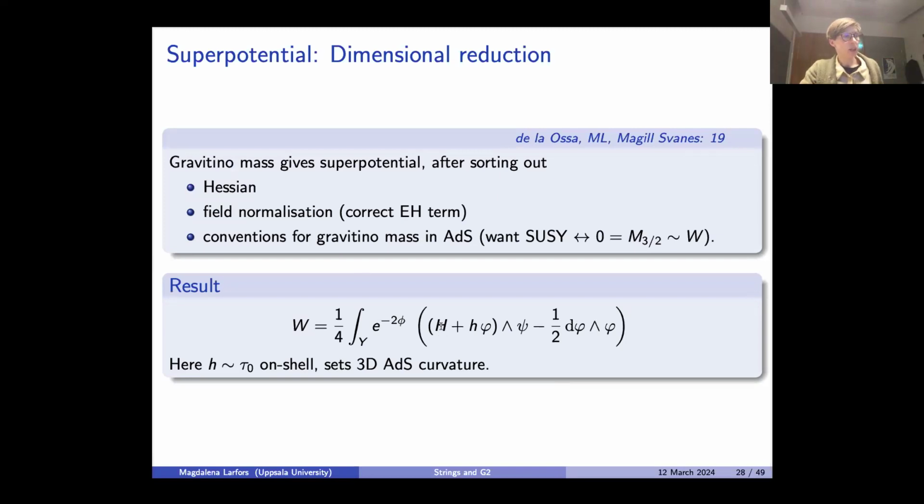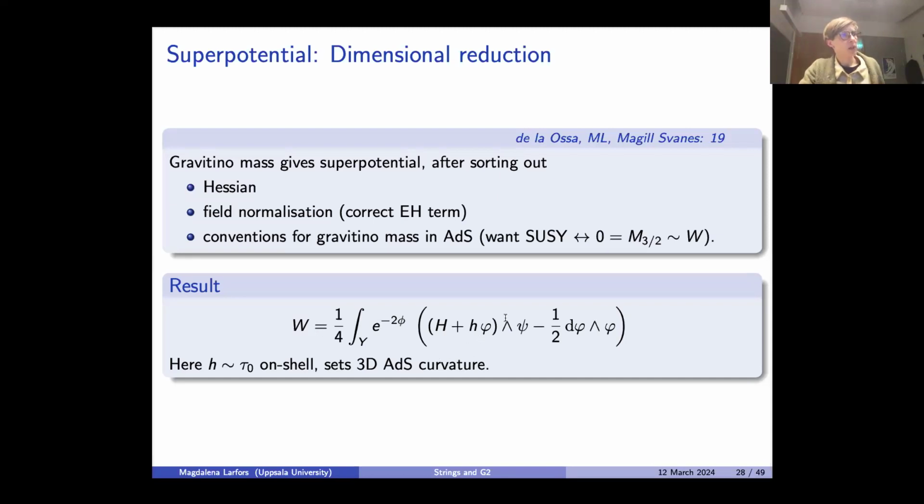We have H, the three-form flux, and we have the dilaton phi here. And then we have a term little h here, which will set the three-dimensional cosmological constant, which can either be 0 or negative. So we can get either Minkowski or AdS solutions from this.